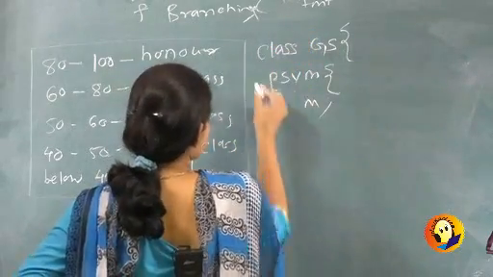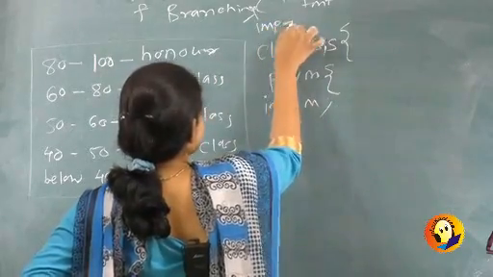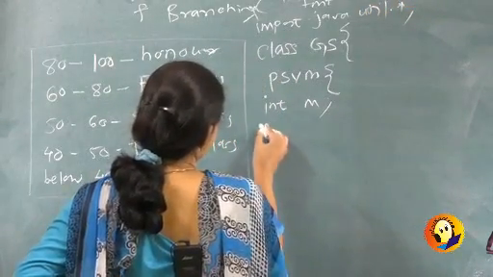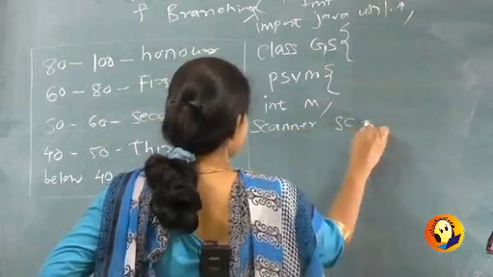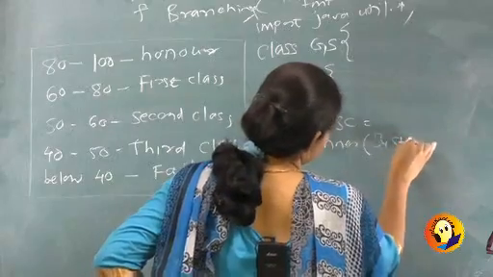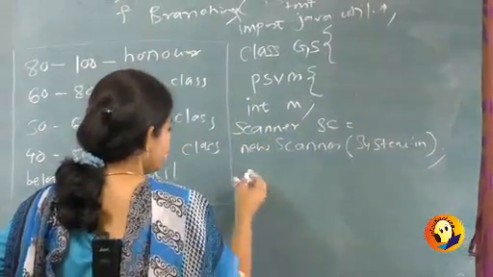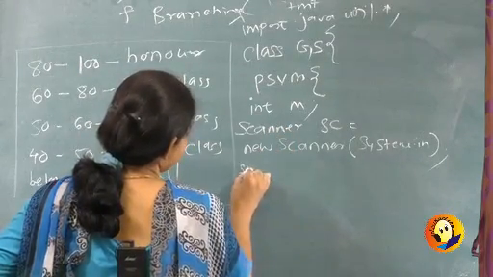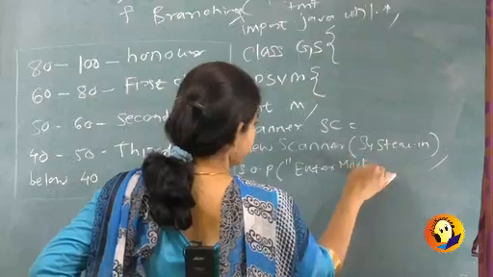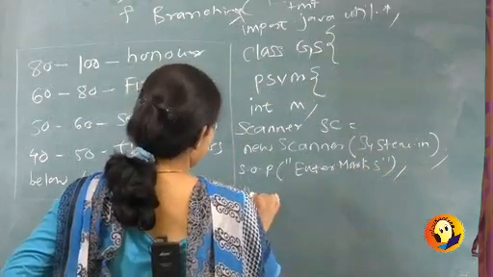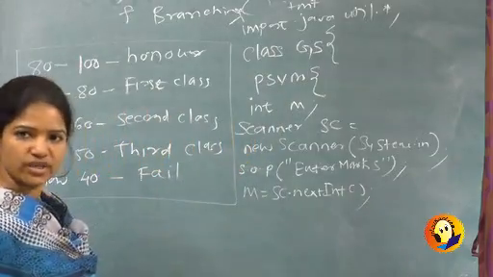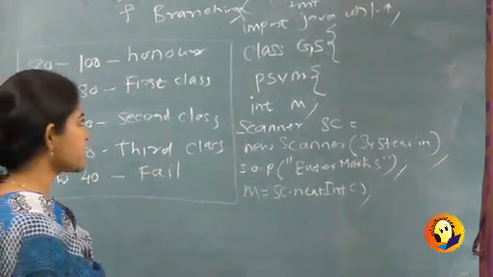For that you need to use the Scanner class, so you need to import the util package: import java.util.*. Create an object of the Scanner class: Scanner sc = new Scanner(System.in). To read the marks from the user, display one message on screen: System.out.println("Enter marks of a student"). Then m = sc.nextInt(), which is a method of the Scanner class that reads the marks of a student from the user.